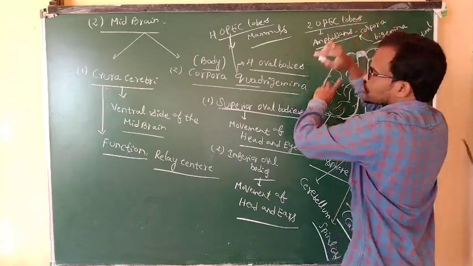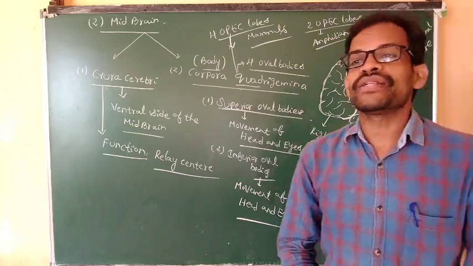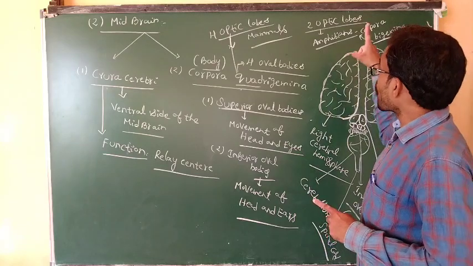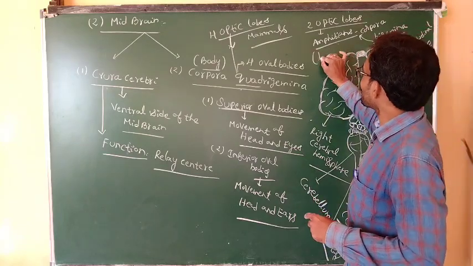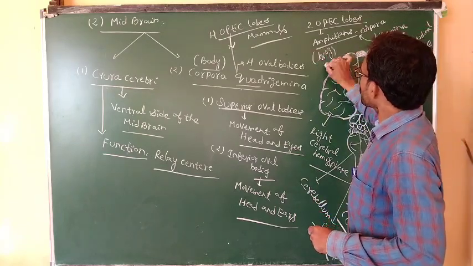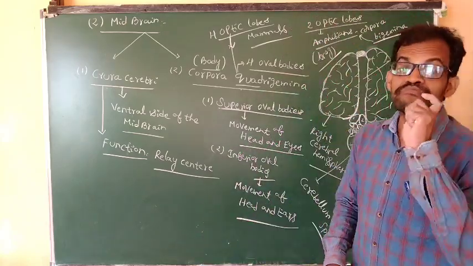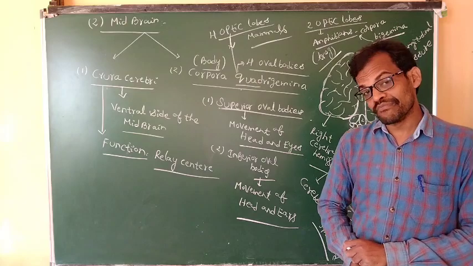Bi means two. Four optic lobes are present in mammals, and two optic lobes are present in amphibians. Amphibians means, for example, frog. This is the midbrain.